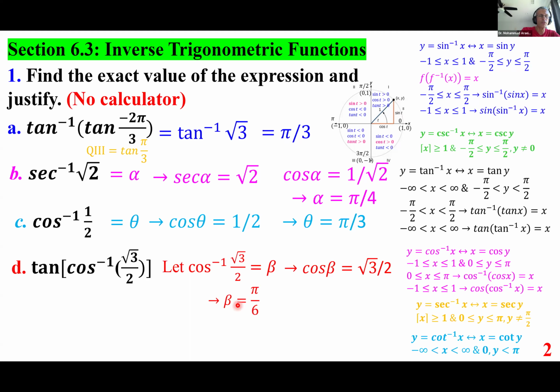So if beta is pi over 6, we are interested in tan of pi over 6, which is square root of 3 over 3. Okay? So it's pretty straightforward, everybody.